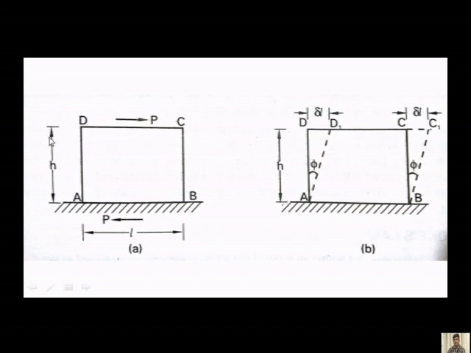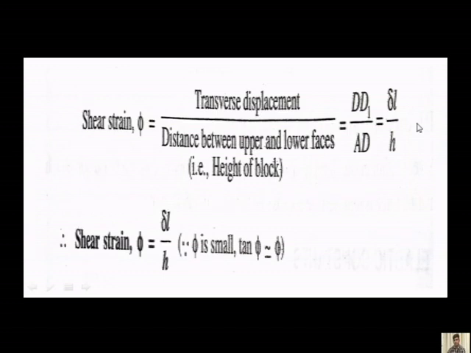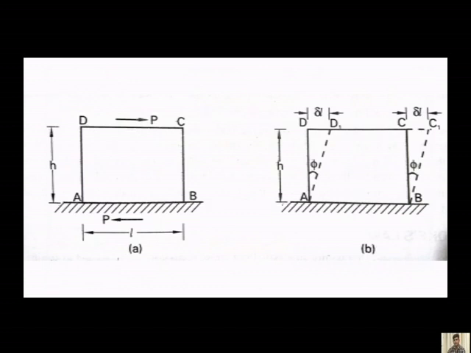Now the body, when the force is acting parallel or tangential to the surface of the body, gets shifted by delta L. So you can observe here the transverse displacement d1 divided by AD. What is d1 here in the diagram? d1 is delta L. Divided by what?